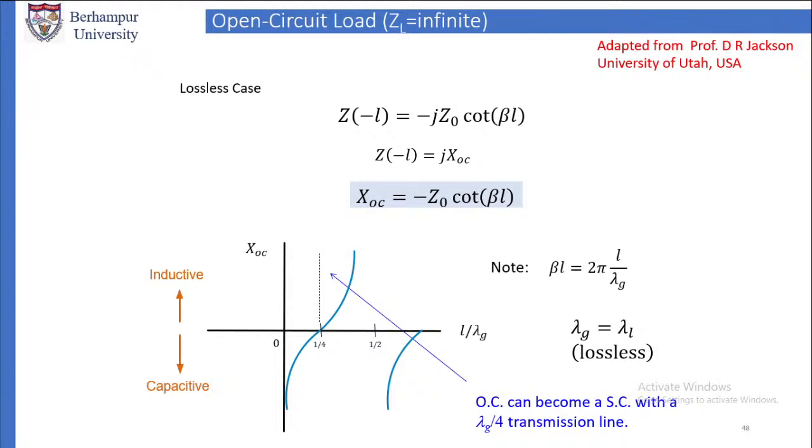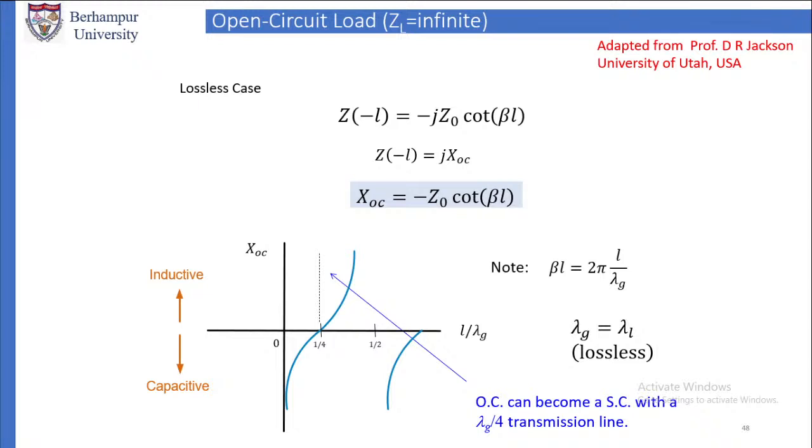So for beta L equal to 0, or L by lambda g equal to 0, XOC is negative infinity, which means it is open circuited, and it will be capacitive from that point up to L by lambda g equal to 1 by 4. When L by lambda g is equal to 1 by 4, it becomes short circuited.